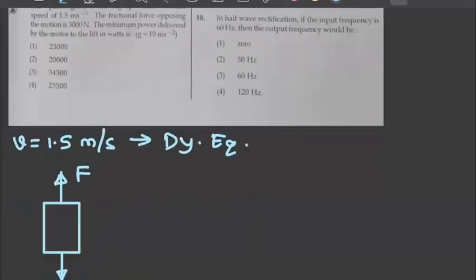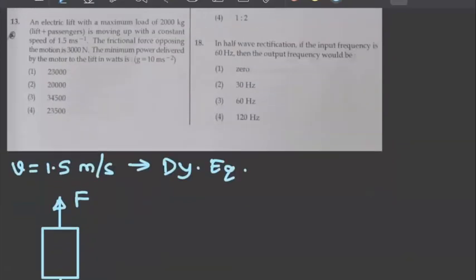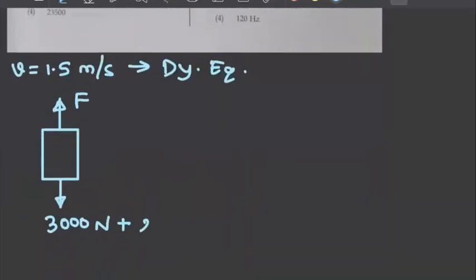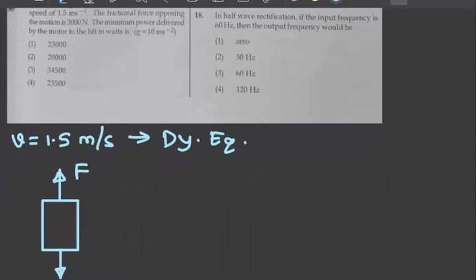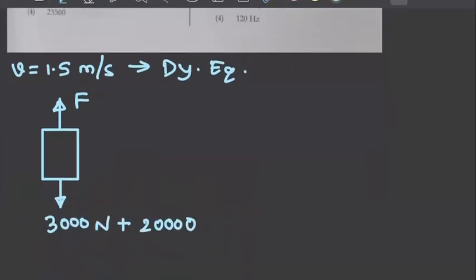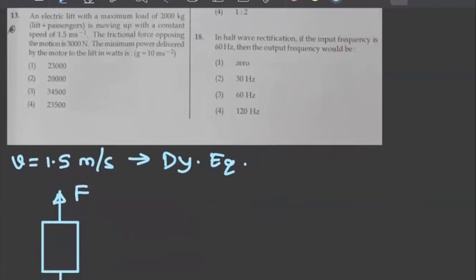And obviously there is also mg. How much is mg? 2000 kg into g, and the value of g they have clearly mentioned as 10. So 2000 into g is 20,000. So 20,000 plus 3,000, 23,000 newtons downward force we have, and the lift is going up with a constant speed.